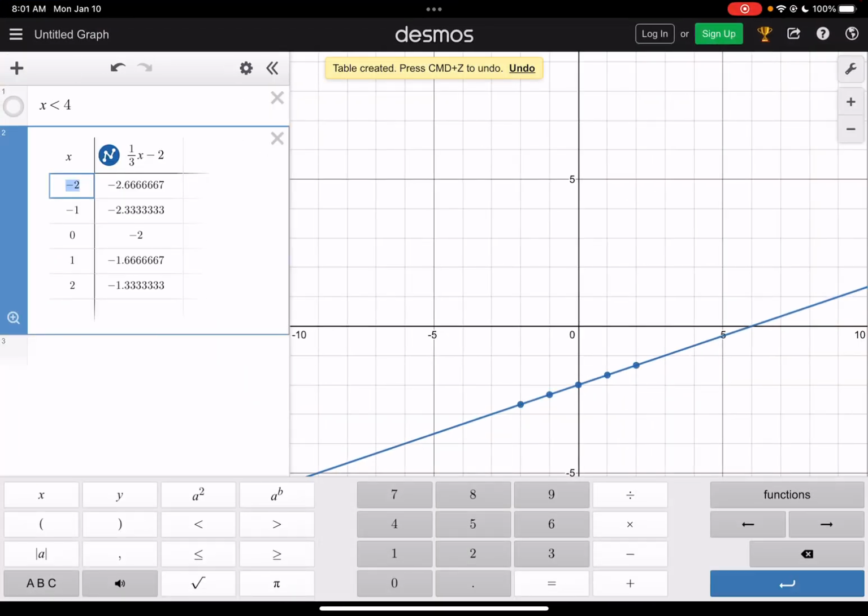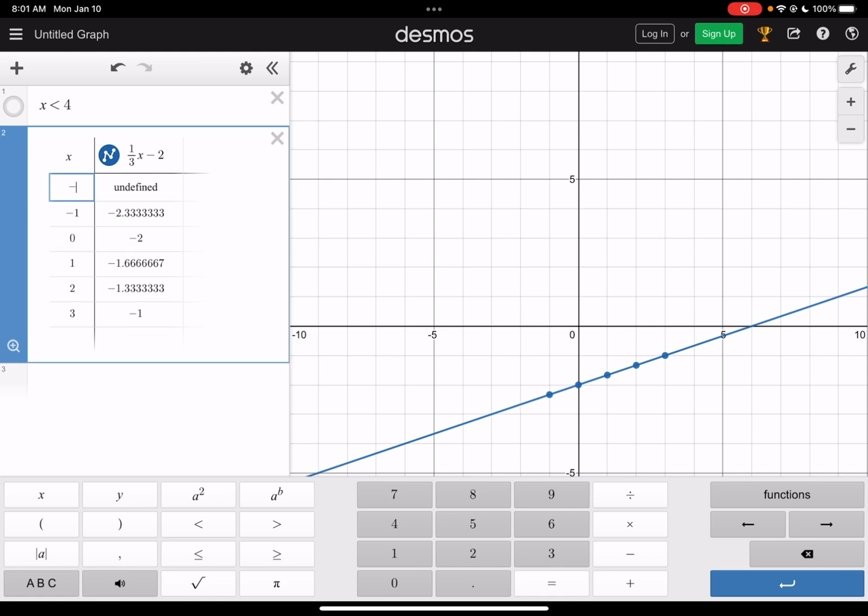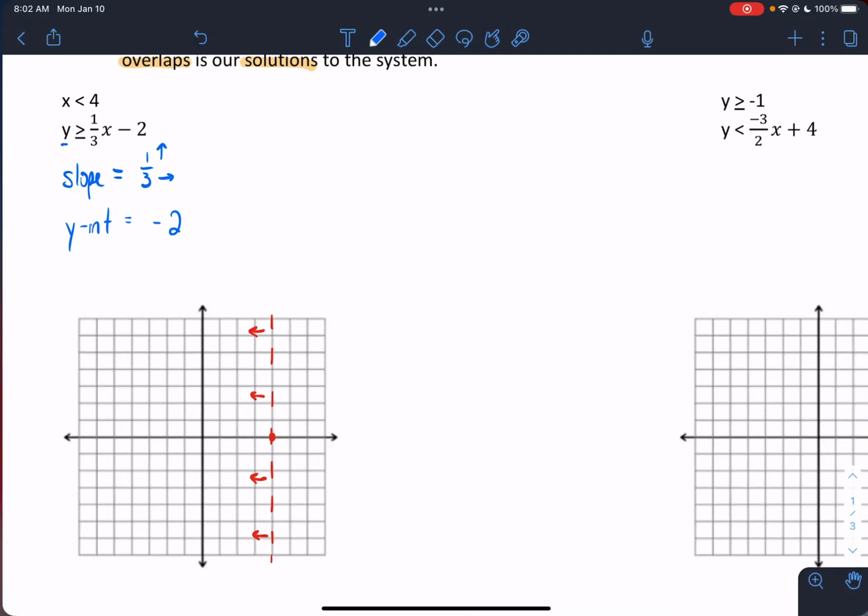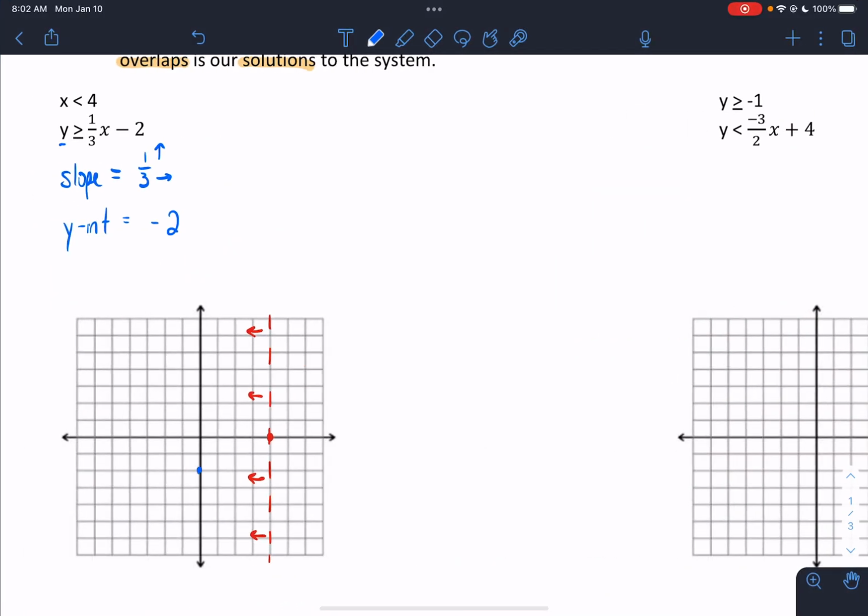This one has repeating decimals, so I can either add rows or know that if I go by multiples of my denominator, I will get all whole numbers. So I went with multiples of 3 because my denominator was a 3, and so I can go ahead and graph that. I think that was right? Yeah, that's good.